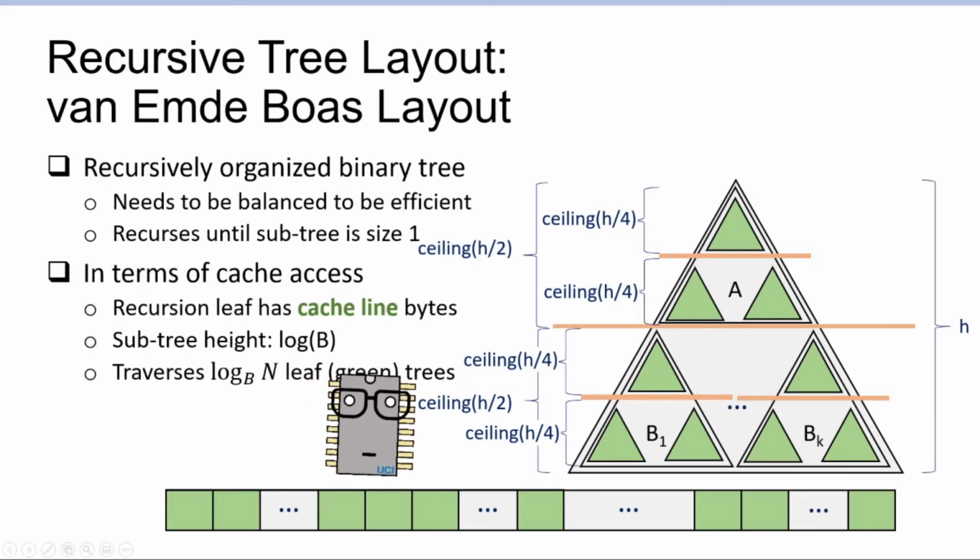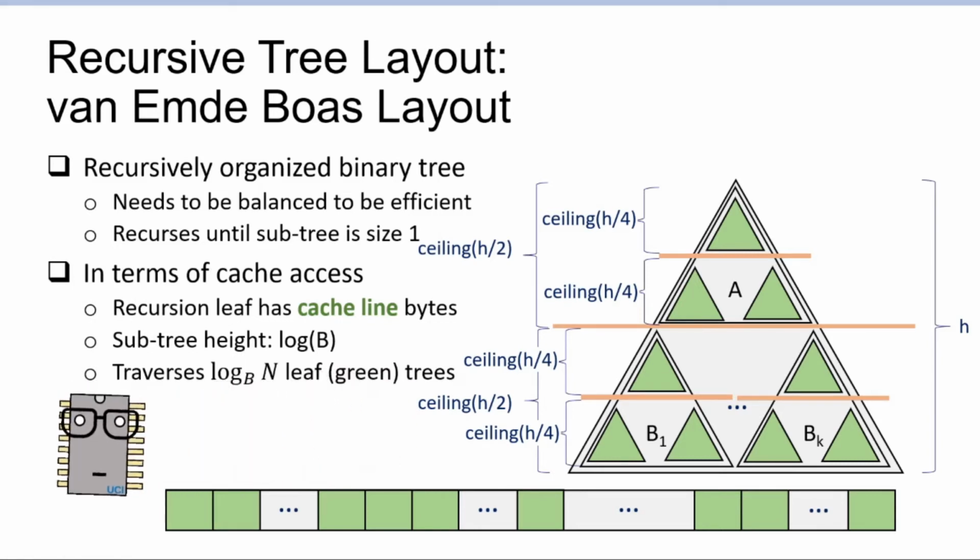In terms of cache access, when we recurse down the tree search, for example, we recurse down until the leaf has a number of bytes the same or smaller than cache line, green, because the green subtrees here are meant to represent the leaves.